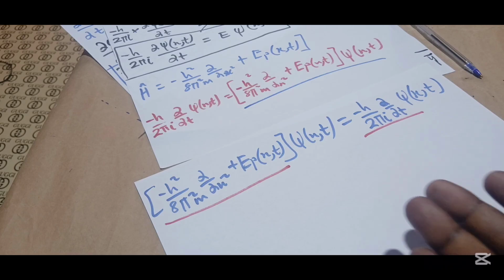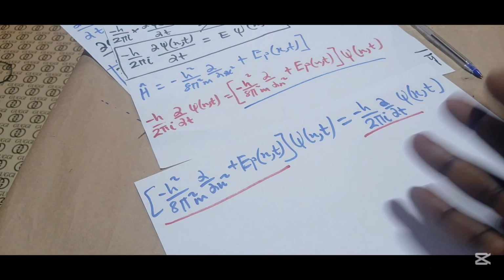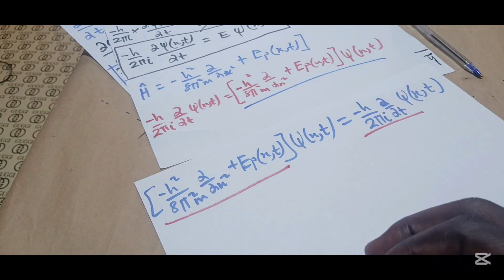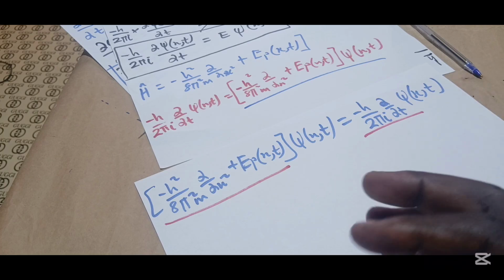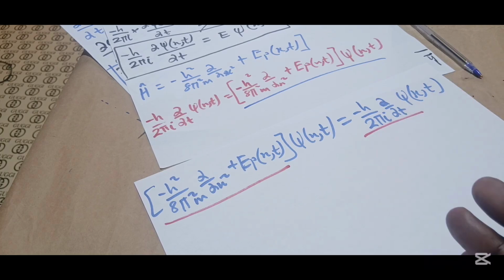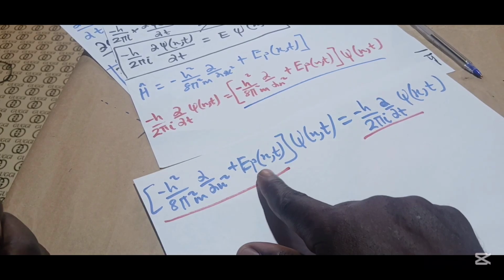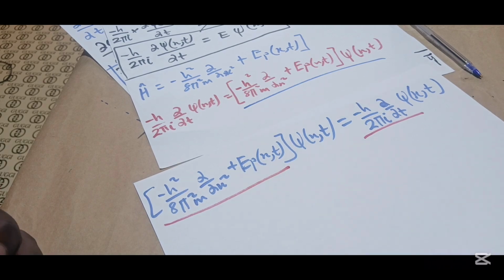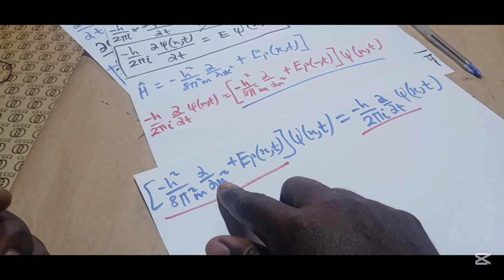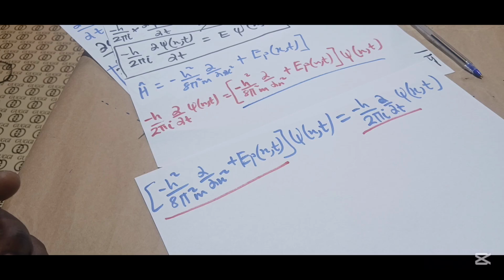So now this is a time-dependent Schrödinger equation, but we are not going to leave it like this. Let's write it in 3D. Right now we are looking at x, which is 1D.